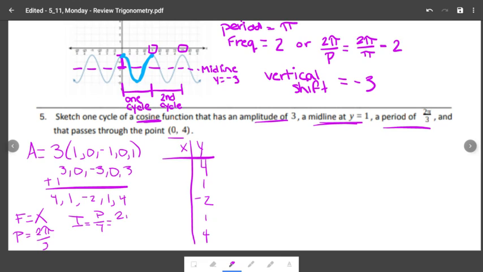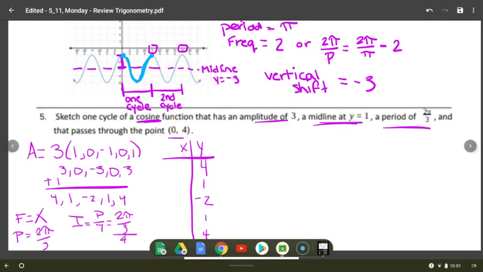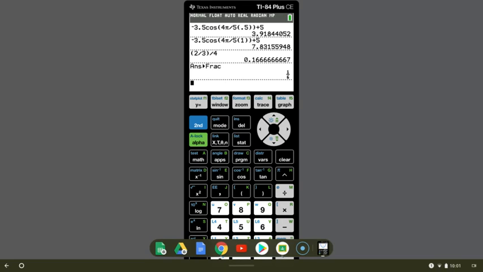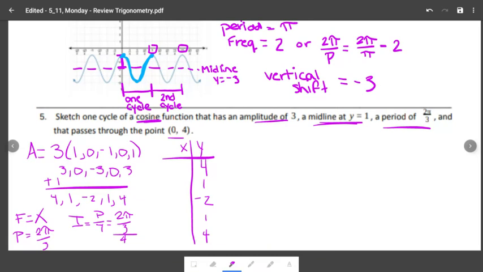We're going to do 2 pi divided by 3 divided by 4. You can plug that into the calculator. 2/3 divided by 4. You get 1/6. And then we throw the pi in our answer that we did not type into the calculator.